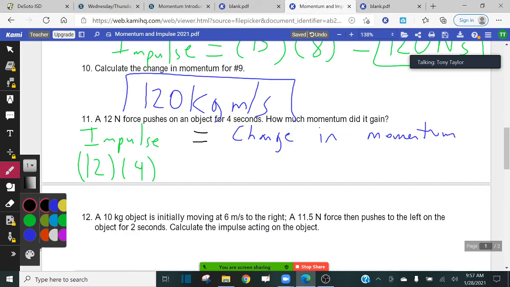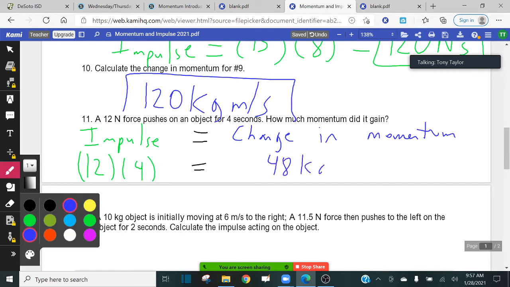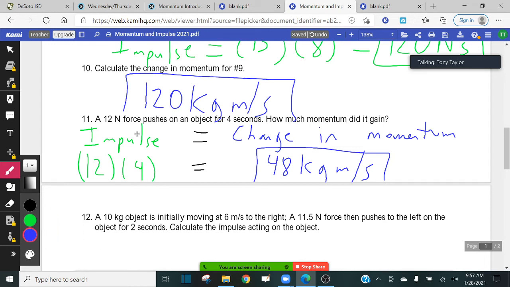It's obviously 48. So if the impulse is 48 Newton seconds, then the change in momentum better be 48 kilograms meters per second. So that's number 11. If you know the impulse, you know the object's change in momentum. That's how much momentum was gained by that object after that force acted on it for 4 seconds.